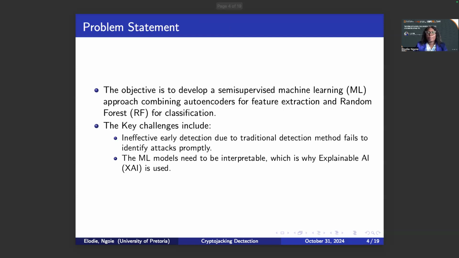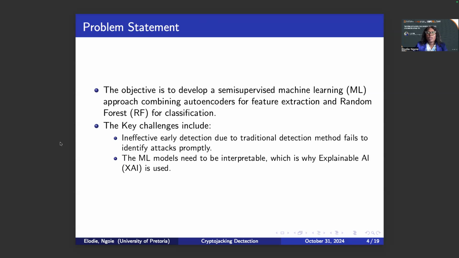Next, our research aims to develop a semi-supervised machine learning approach, combining two powerful techniques: autoencoder for feature extraction and random forest for classification. A significant challenge in this area is early detection.